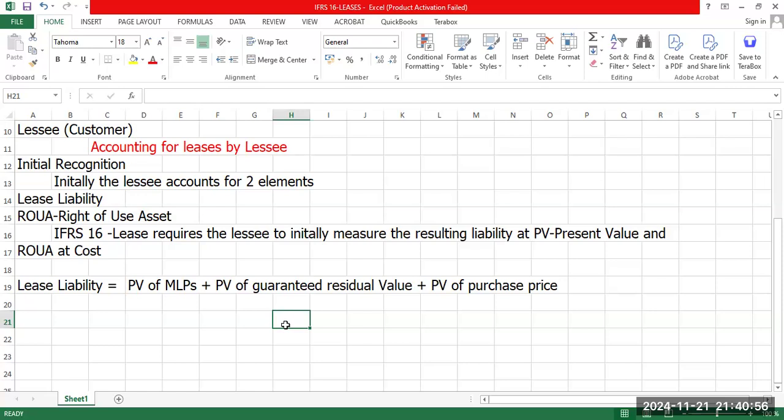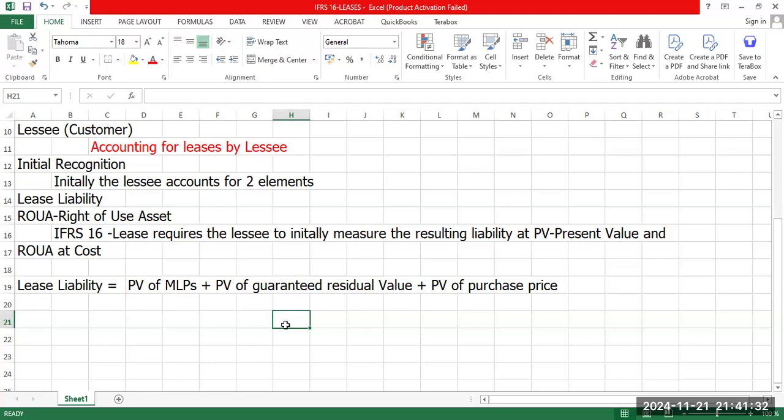You as a lessee, you as a customer, I have given you a right to use my asset. But I'm saying at the end of the lease term, you must pay me a certain amount of money. So this guaranteed residual value is what the lessor is assured of after the end of the lease term.